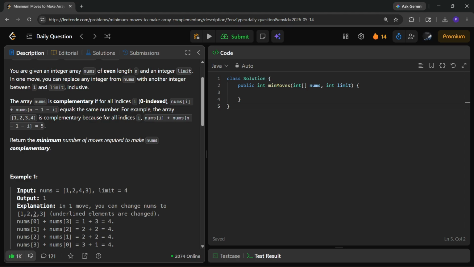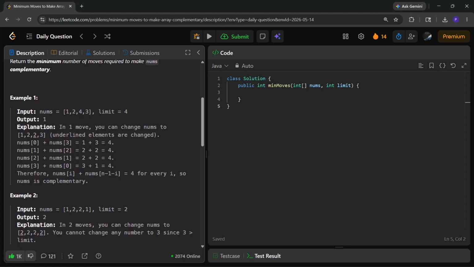Okay. Another example. 1, 2, 2, 1, and the limit is 3.